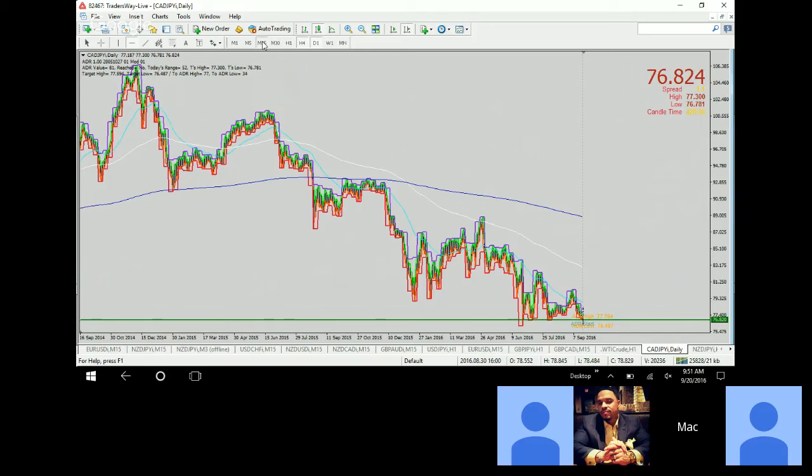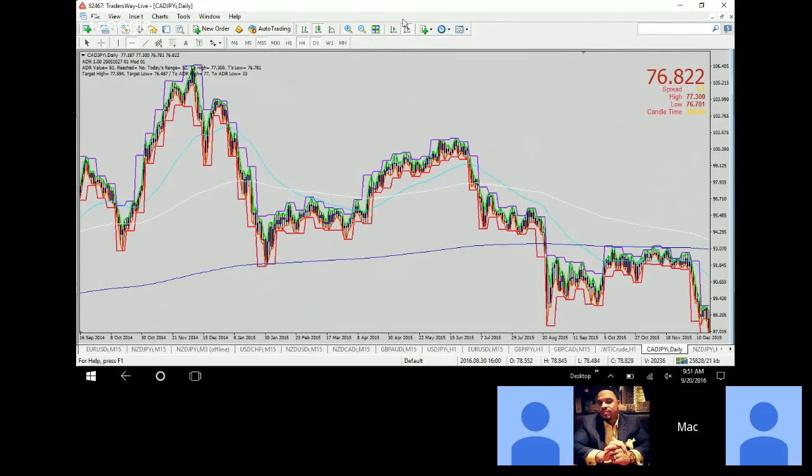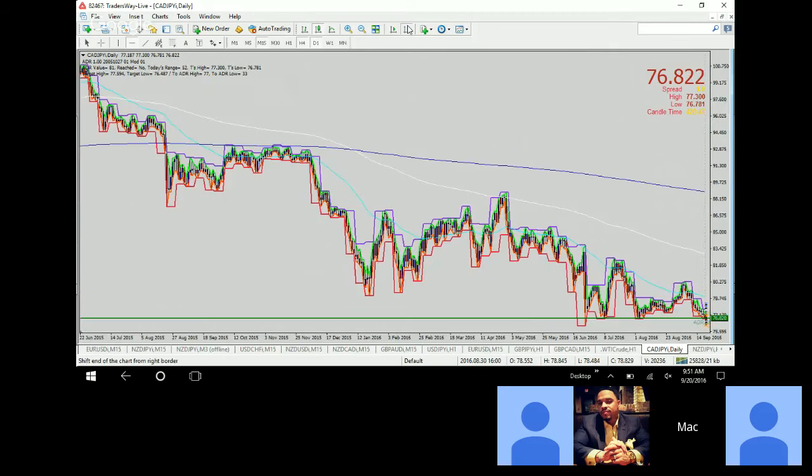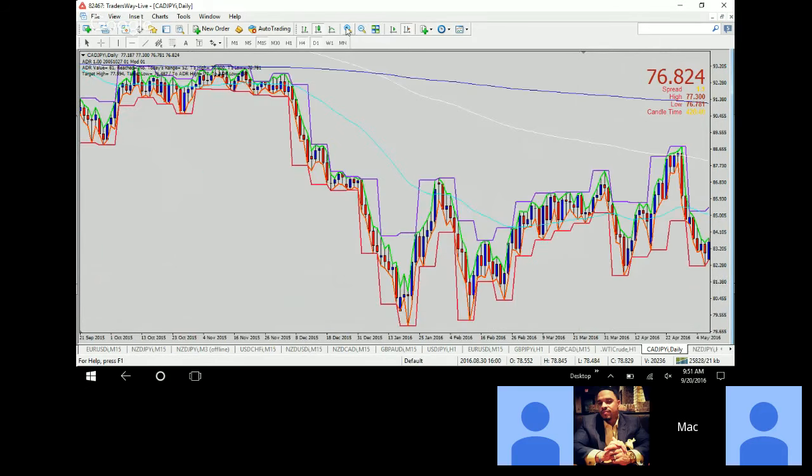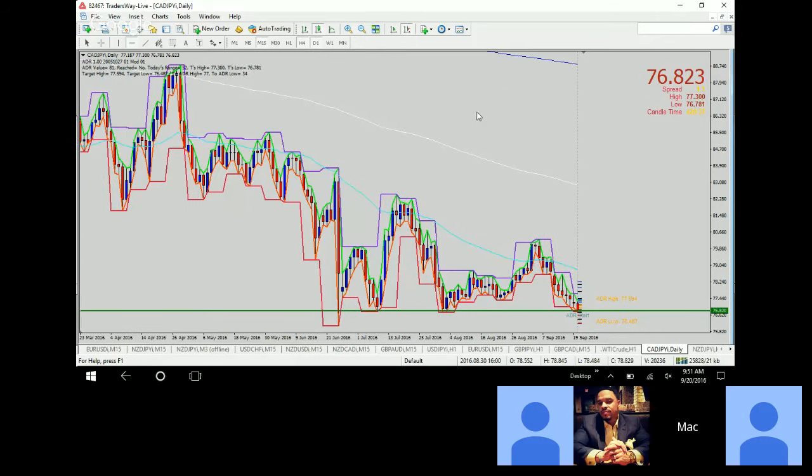Yeah, I like the way this setup is looking. Gonna be patient with it though. Like I said, no need to rush it. All right, so quick recap. CAD JPY, we are looking at price to reverse back up, and we are looking at about 300 pips.